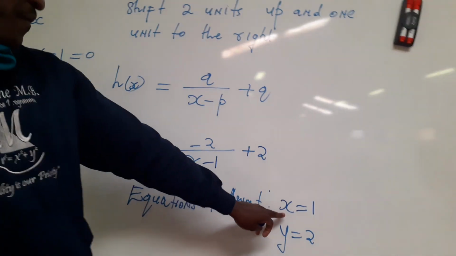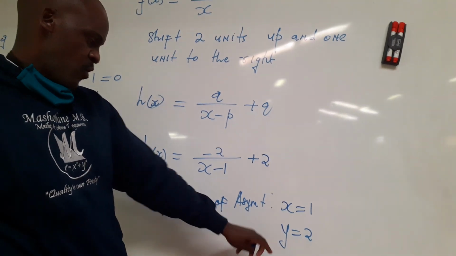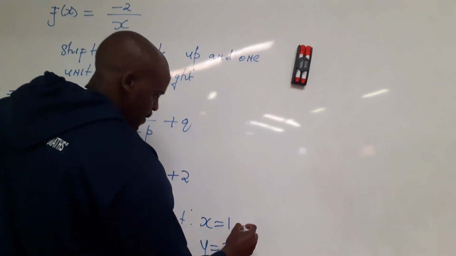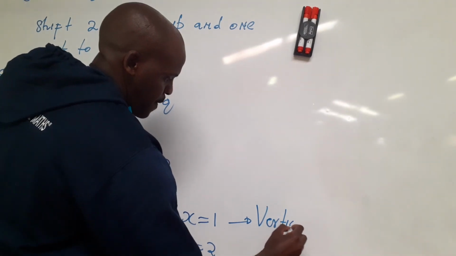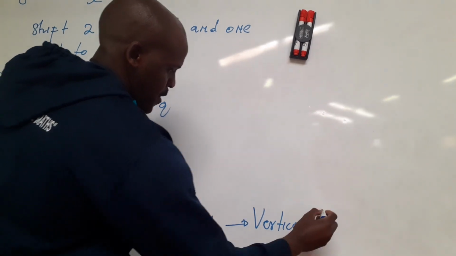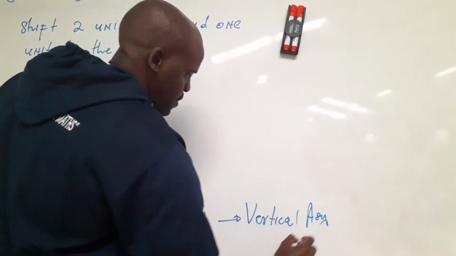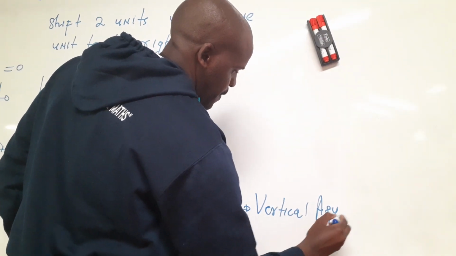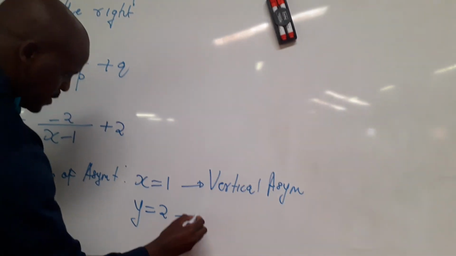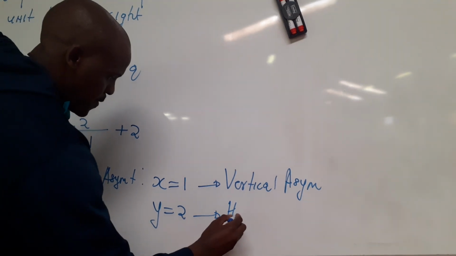This is our vertical asymptote, horizontal asymptote. And this is our horizontal.